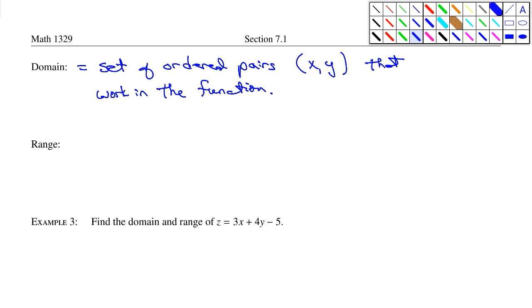Like you can't take the square root of a negative and you can't divide by 0. The range is still the set of values, but this time we call them z, that you get from the function.